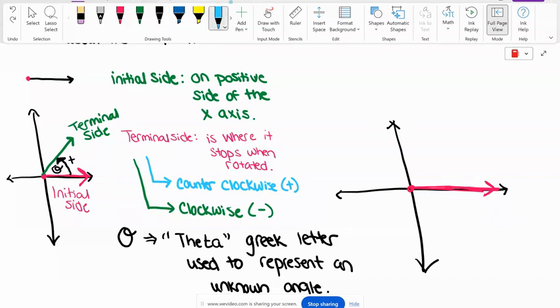So if my angle was negative, that means my terminal side would now be down here, and my theta would have been negative. Positive, negative. Wait, so the terminal's blue? This one, the terminal side is the blue one, yep.